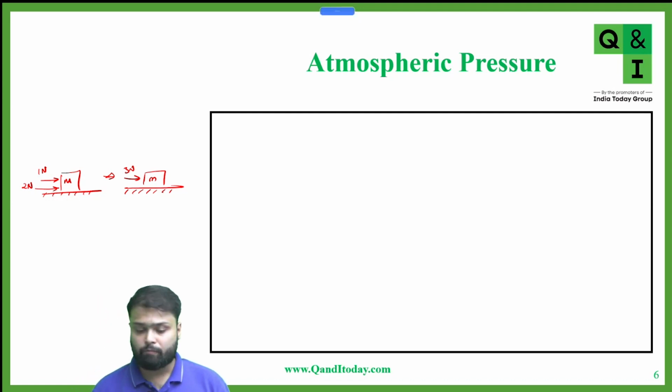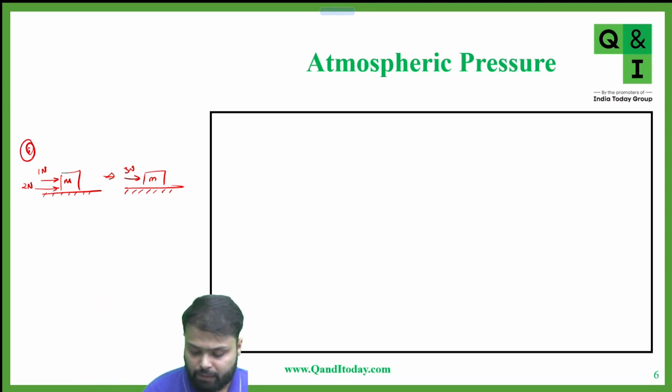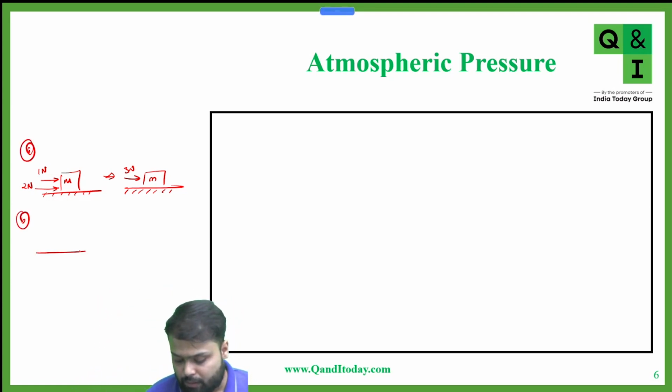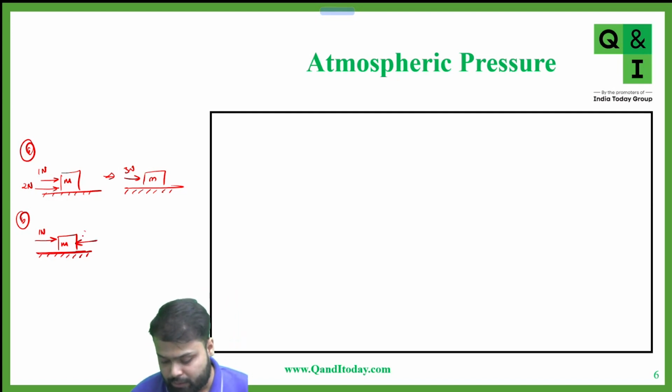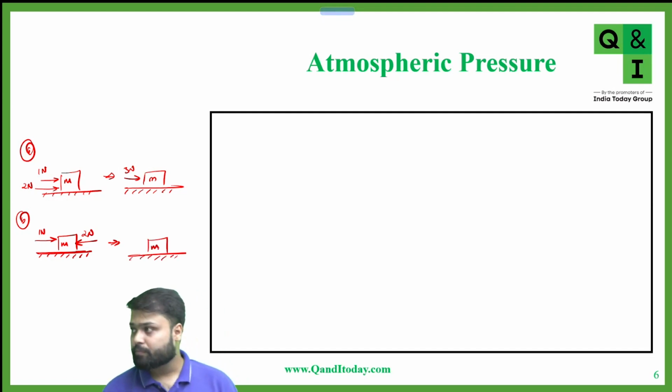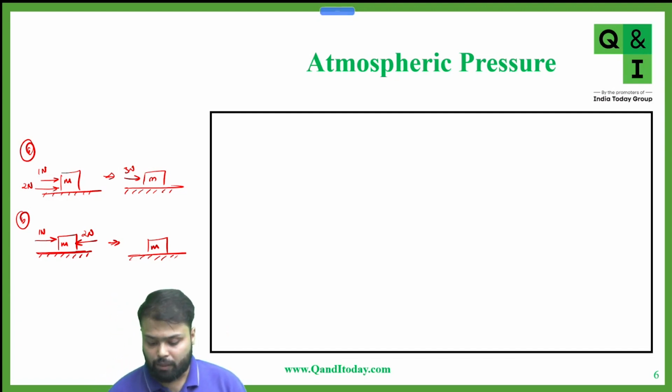Very good. Now, the second case: again there is a block of mass m, and 1 Newton force is acting in the right direction, 2 Newton is acting towards the left. Can you tell me the resultant? 1 Newton towards left.